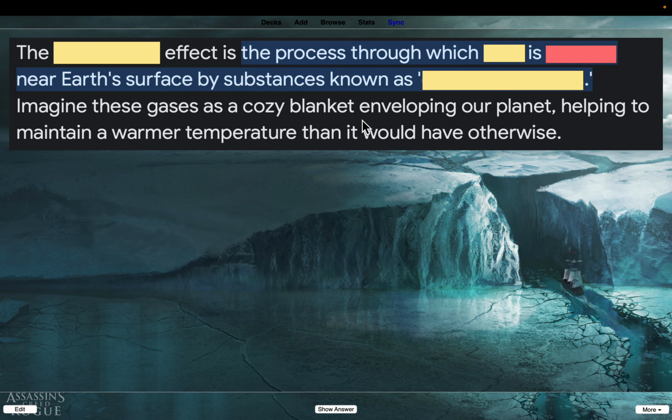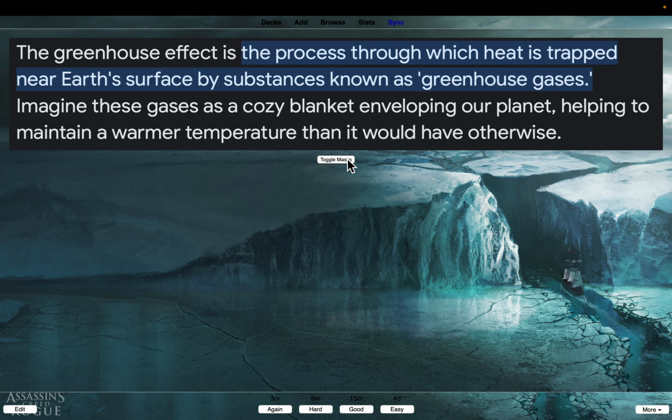The blank effect is the process to which blank is blank near Earth's surface. Okay, heat is trapped, known as greenhouse gases. I think this is a Tyndall. No, greenhouse effect. So from the phrase greenhouse gases, it's the greenhouse effect.